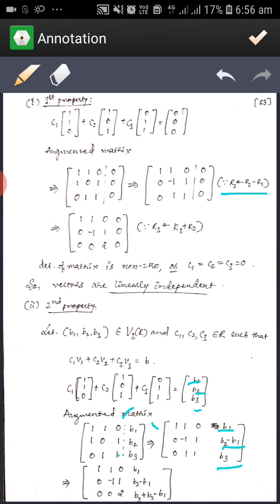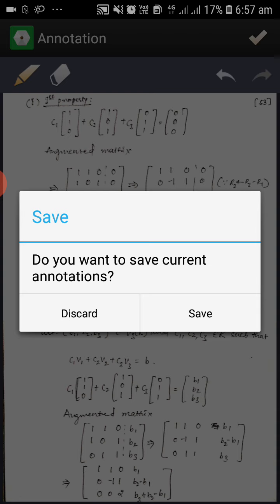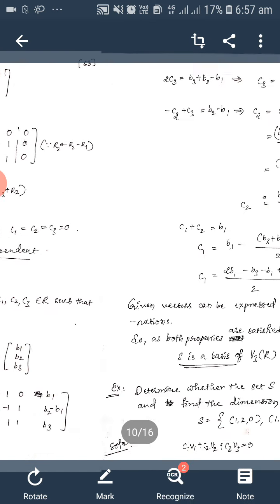As we apply the row operations, r2 minus r1 becomes b2 minus b1. Next, r3 plus r2: since r2 is b2 minus b1, the third row becomes b3 plus b2 minus b1. The same thing is applied there also.